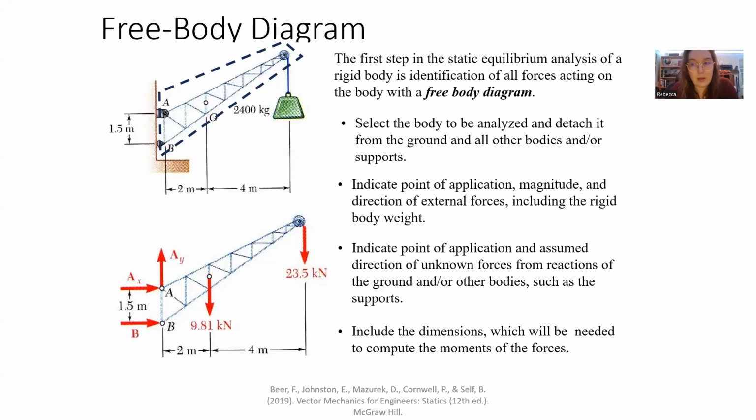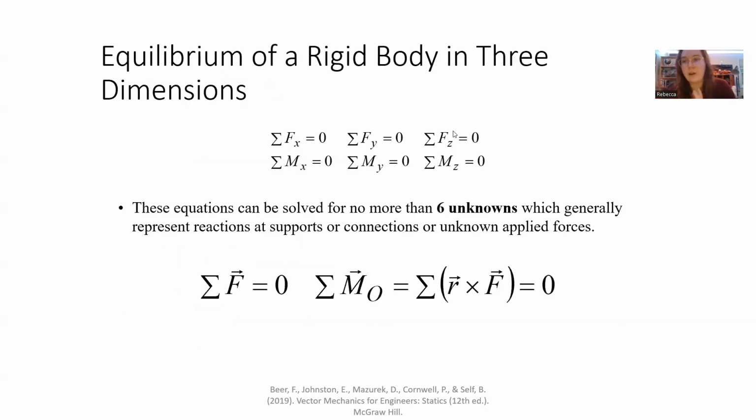That will get rid of that unknown value out of your equation for your moment, and you'll have an easier time solving for some of the other unknowns because you're getting rid of unknown values from your equation.